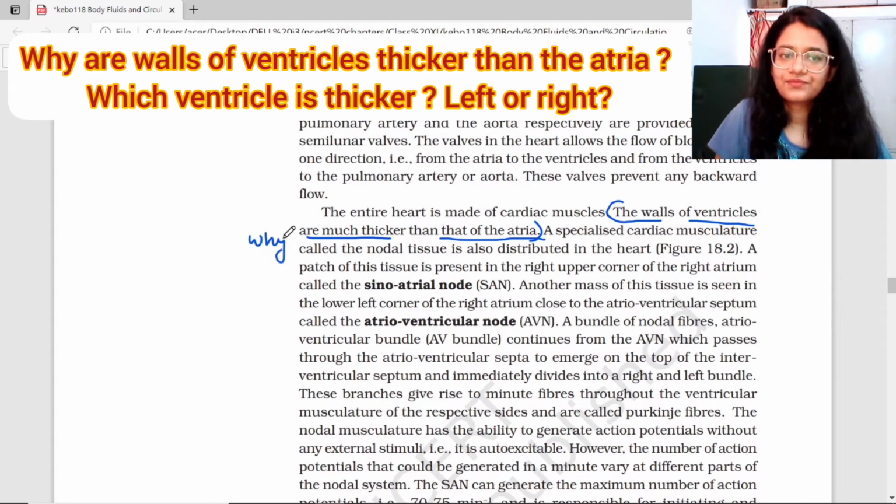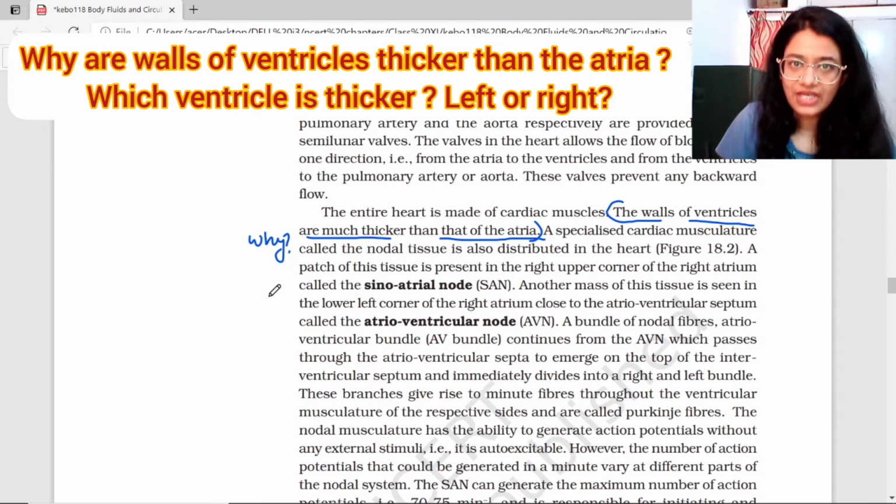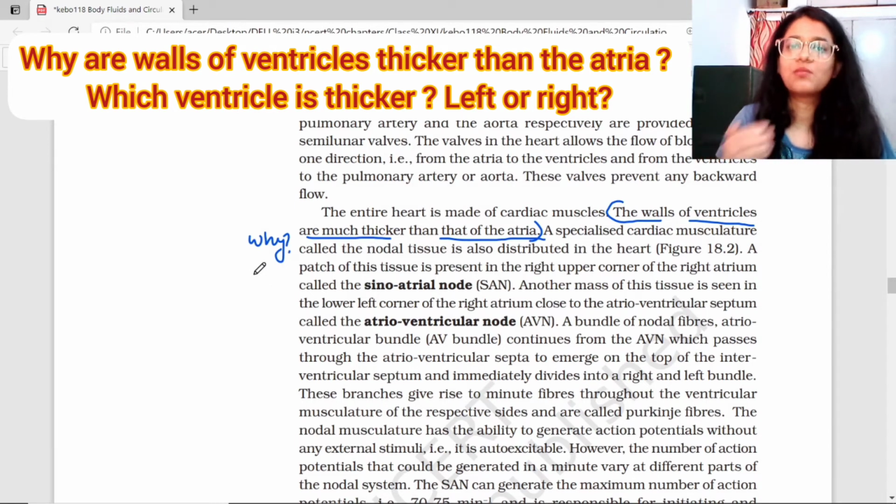Number one, why are the walls of ventricles thicker than that of atria? And secondly, out of the two ventricles, that is left ventricle and right ventricle, which ventricle is thicker and why? Let's try to understand this.